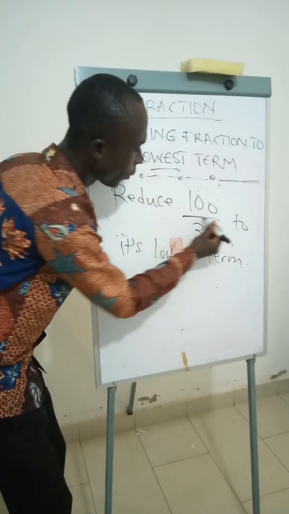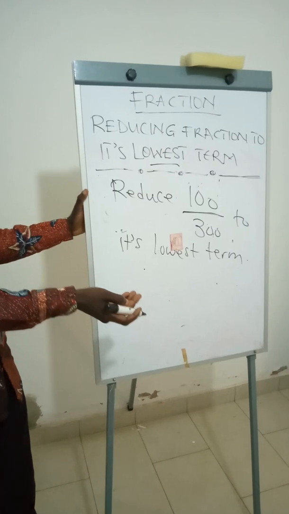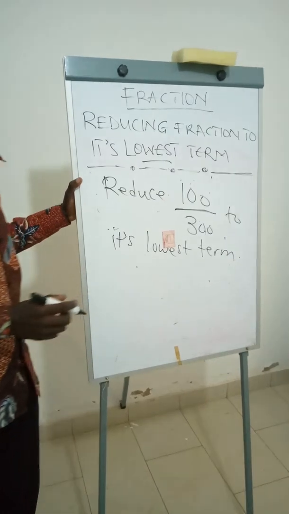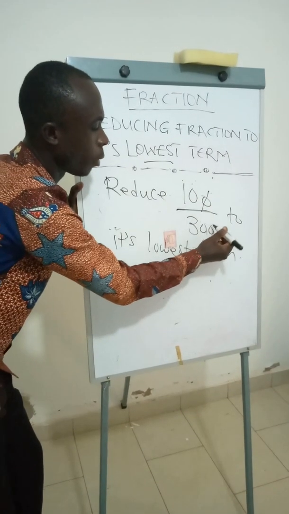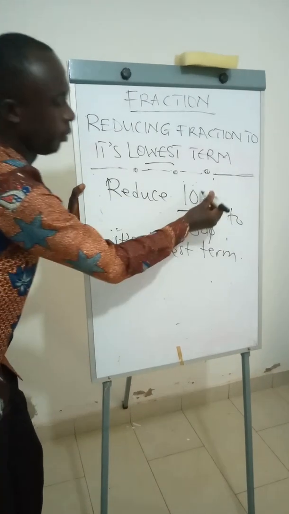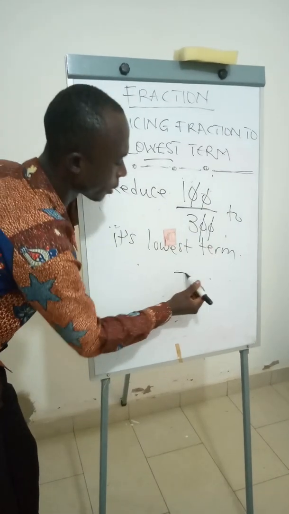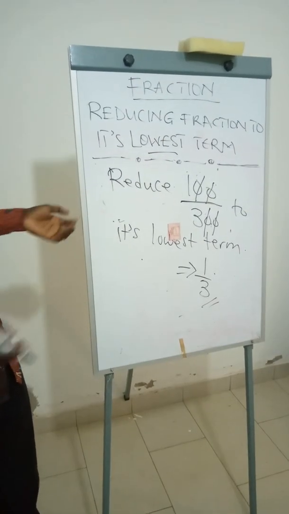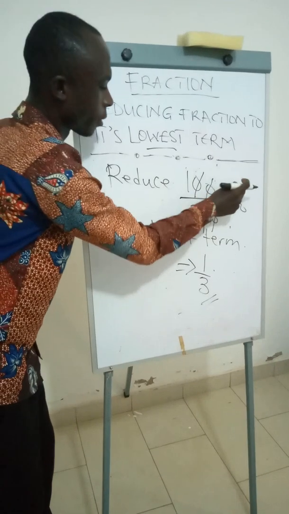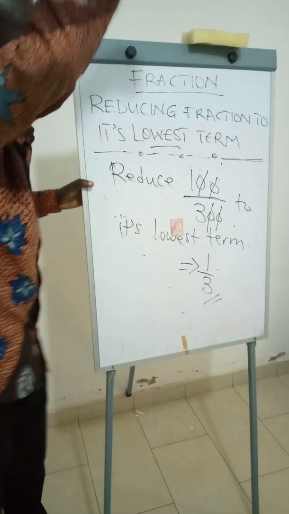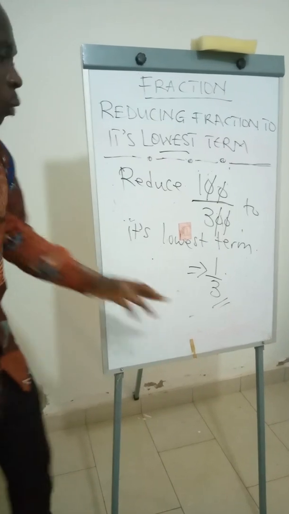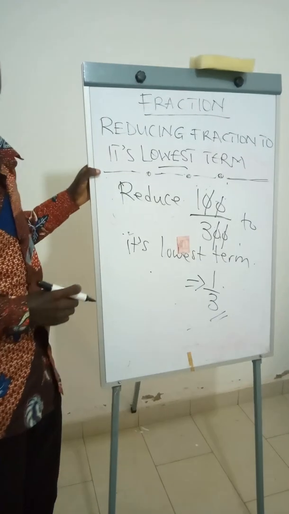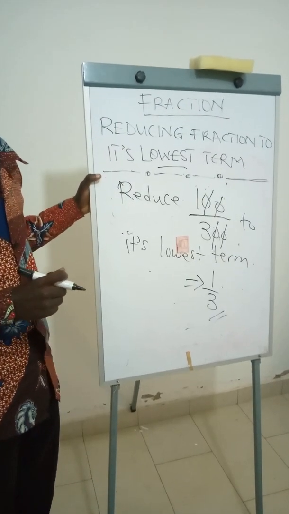We are having 100 over 300. The same approach as I taught you: these zeros at the far end, you cancel them. This cancels this, this cancels this. We are getting 1 over 3. If you don't know, you do it by dividing by 2 each time. You must reduce it till you get this 1 over 3. But once you know the simplest method, you just do this and they will mark your answer right.